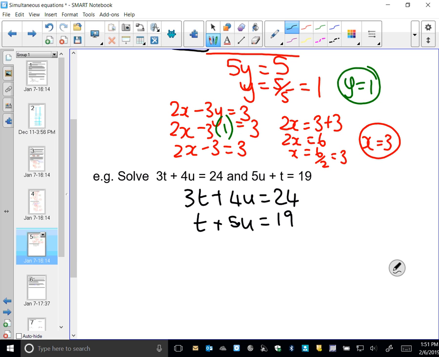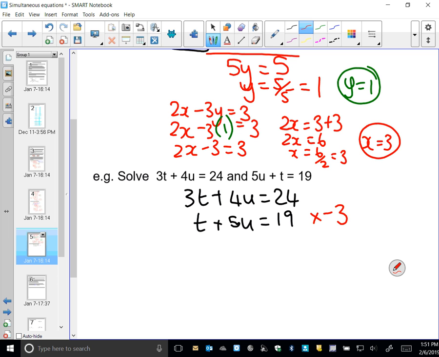No, you will only have the same. So am I going to make the T or the U the same? The T, yes. So I'm going to multiply the second one by negative 3.